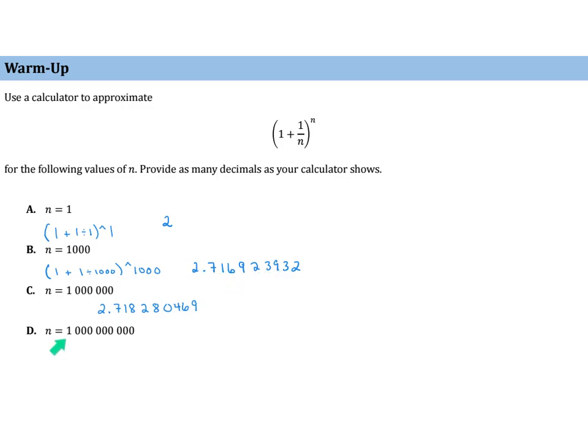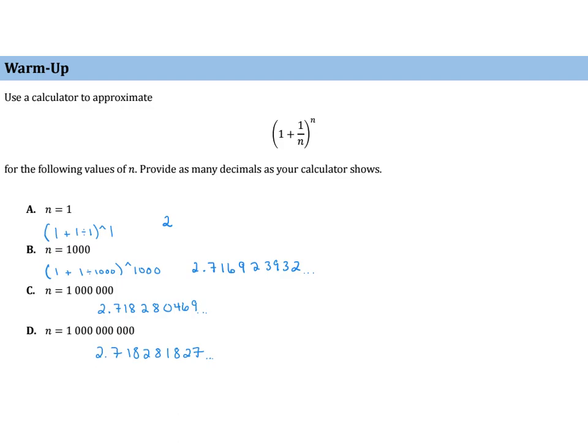Well, what happens if n equals 1 billion? We obtain 2.718281827. And these, of course, go on. So notice the similarity between this number and the number previously. It seems to be leveling off, as it were.